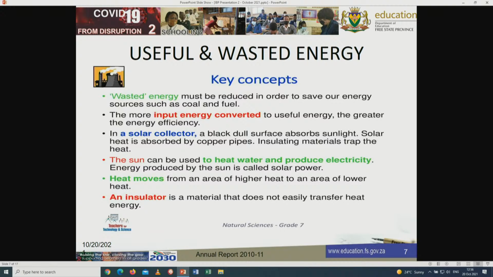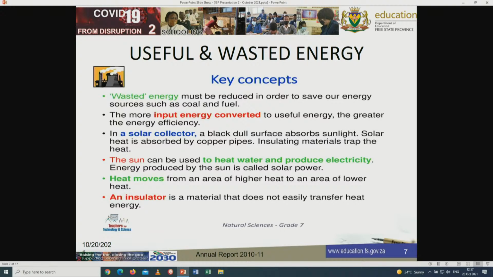Useful and wasted energy. Key concepts. Very much important concepts. Wasted energy must be reduced in order to save our energy sources, such as coal and fuel. Very much important.